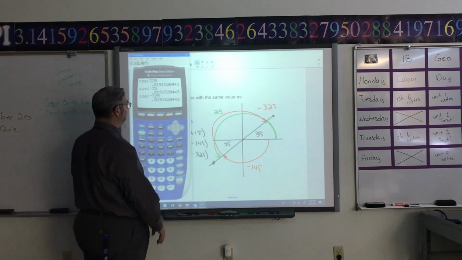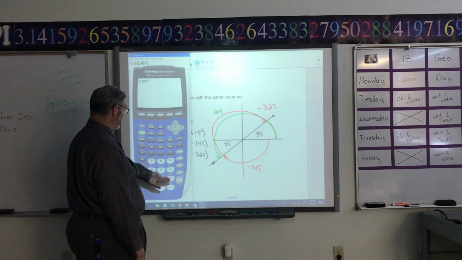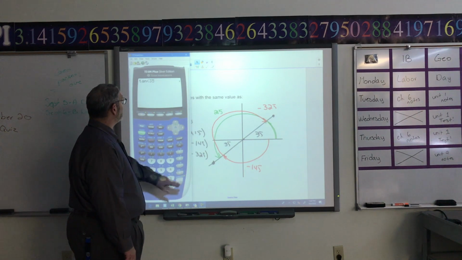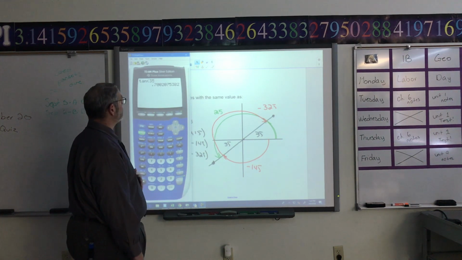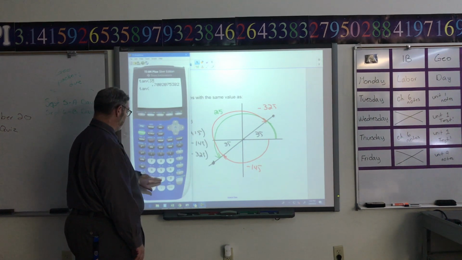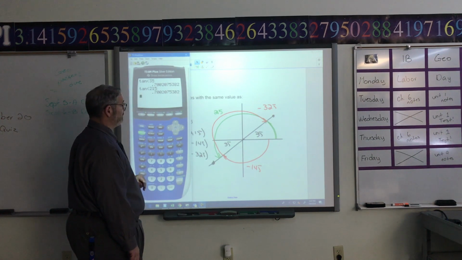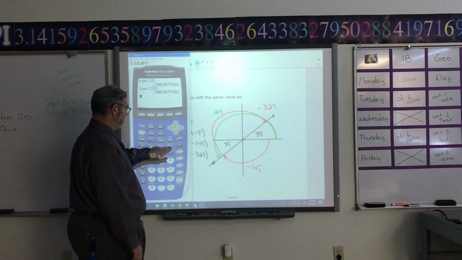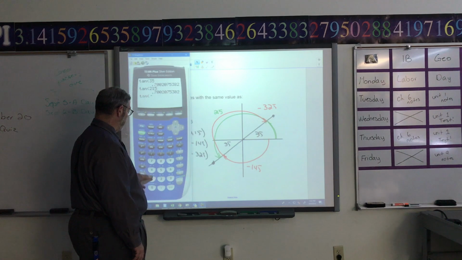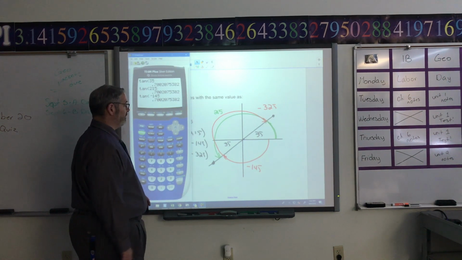Now let's see if this is correct. Let's try it on the calculator. The tangent of 35 equals 0.7002. The tangent of 215, 0.7002. The tangent of negative 145, 0.7002.